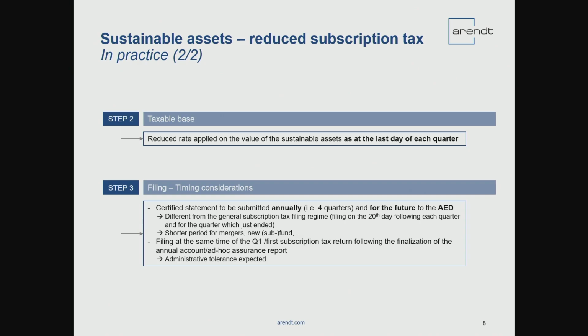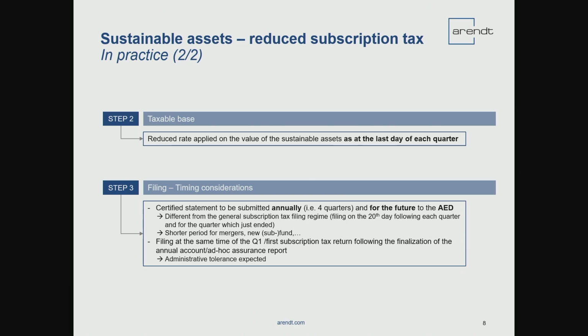There we are back to the general thinking we have in how to determine subscription tax. You apply a rate as at the last day of the respective quarter. Whereas going back to step 1, that certified assessment will focus on the assets as at the end of the previous financial year.